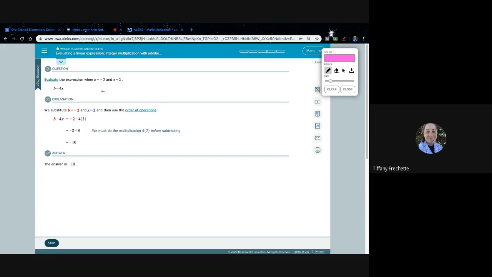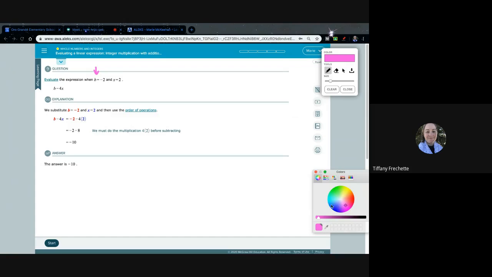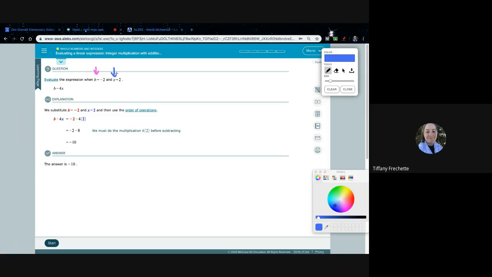So when it says evaluate the expression, what it wants us to do is it's giving us some variables here. So we have b and we have x. So we want to plug these in. Instead of b, I'm going to put -2, minus 4.